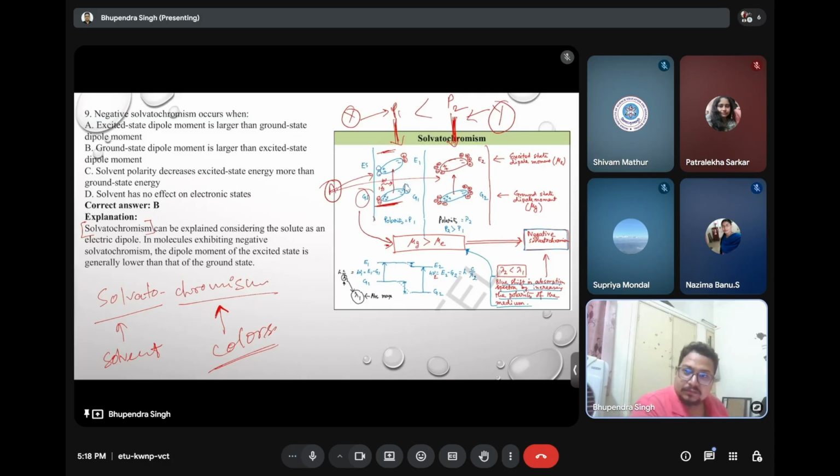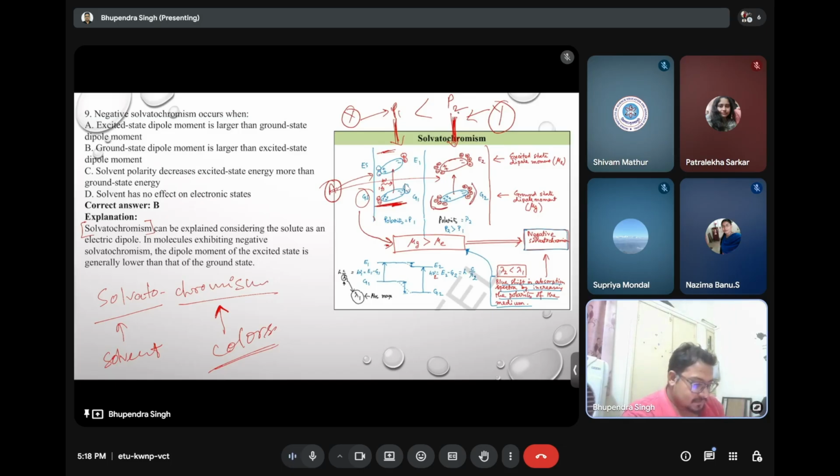So what will happen? If the ground state polarity of the molecule is higher, then, as sir has explained very nicely, the polarity of P2 is higher. Here the four ions will come and stabilize it, because positive and negative will anyway stabilize.